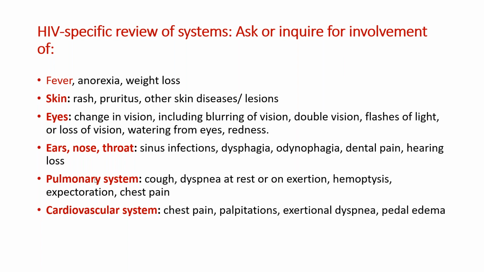Remember, TB is the most common opportunistic infection seen in people living with HIV, and you must rule out TB in all patients at all visits. So you must ask these questions to rule out TB. Ask about chest pain, palpitations, exertional dyspnea, pedal edema, because these can be some of the comorbidities seen in these patients. But remember, most symptomatic HIV infected patients will come to you with fever, anorexia, and weight loss.